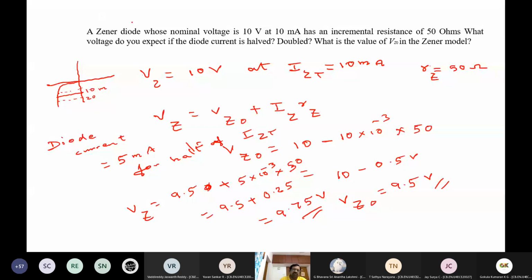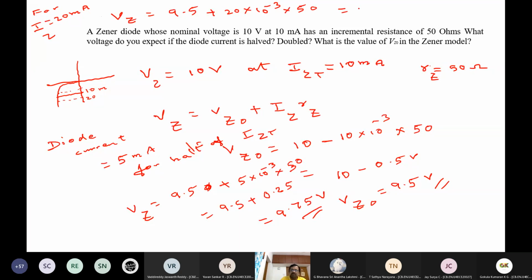So VZ in this case, if it is doubled, that is IZ equal to 20 milliampere, VZ will be equal to 9.5, 9.5 is always the VZ0 value, plus 20 into 10 power minus 3 into 50 ohms.